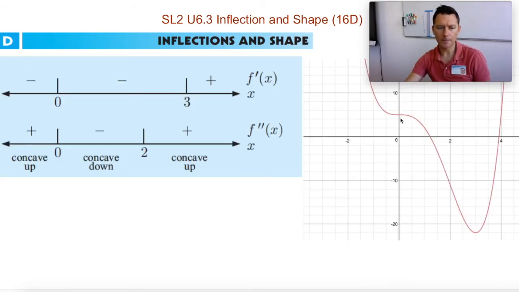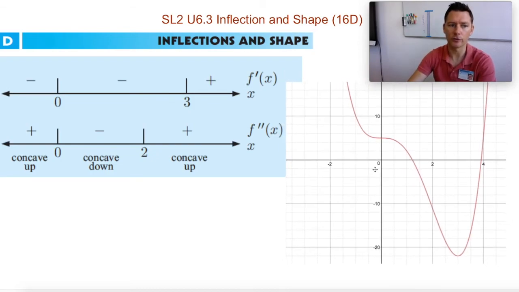So this is the line diagram, and this is the actual graph of the original function. From here to here it's going downhill, and you can see that, right? All these slopes are pointing down, down, down. It takes a break right there, and that's why you have a 0 at 0.